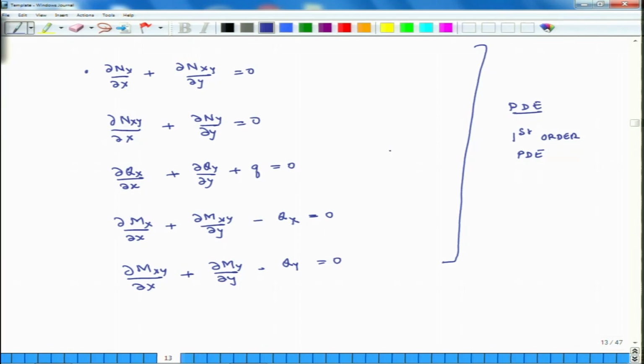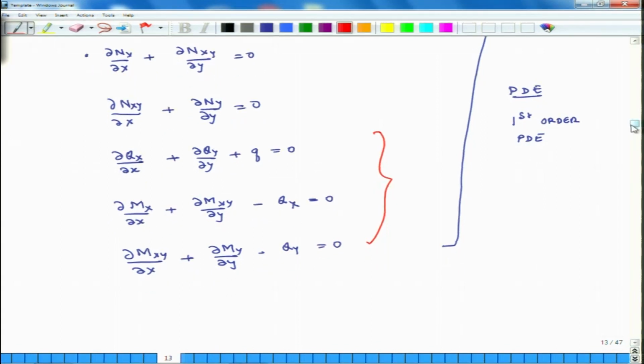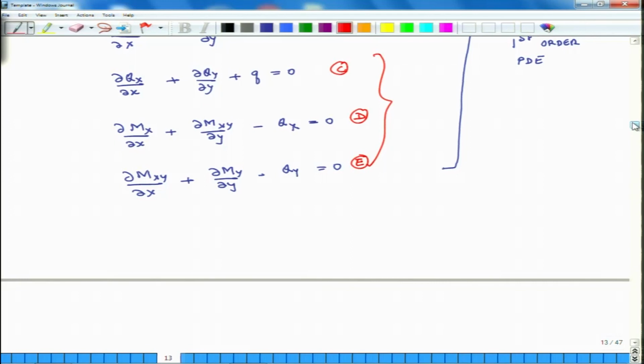Now, what we will do is combine the last 3 equations into one single equation, because that makes things a little bit easier to handle mathematically. So, we will number these: A, B, C, D, E. From D we know that qx equals del mx over del x plus del mxy over del y.